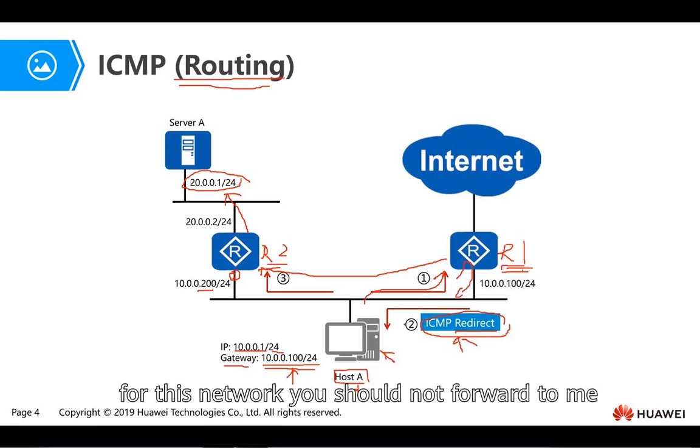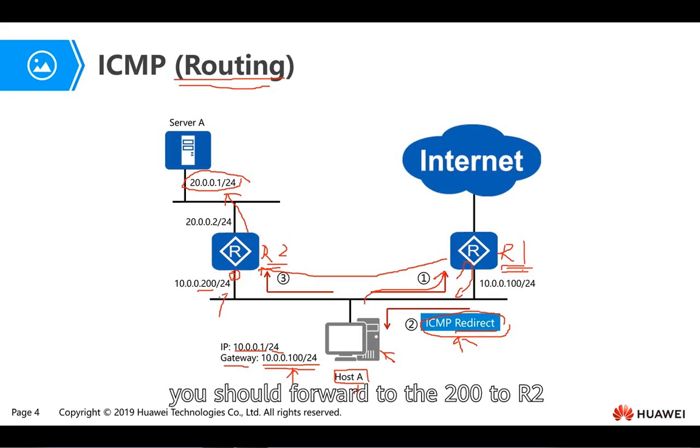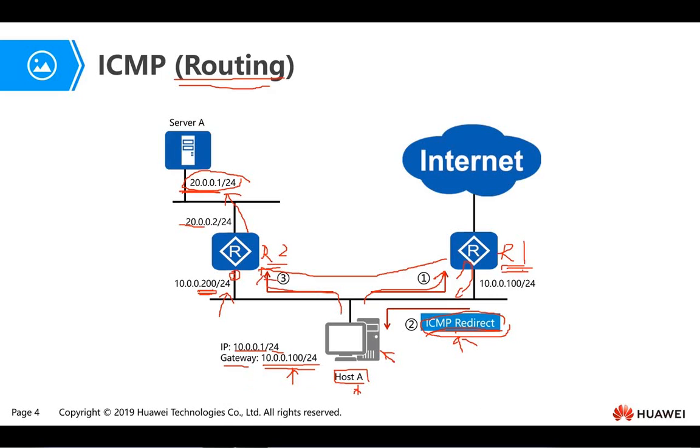For this network, you should not forward to me, you should forward to R2. When host A receives this message, host A will change the gateway to 200, but only for this network. So the next time host A has a packet destined for this network, it will send the packet directly to R2, not going to R1 again.